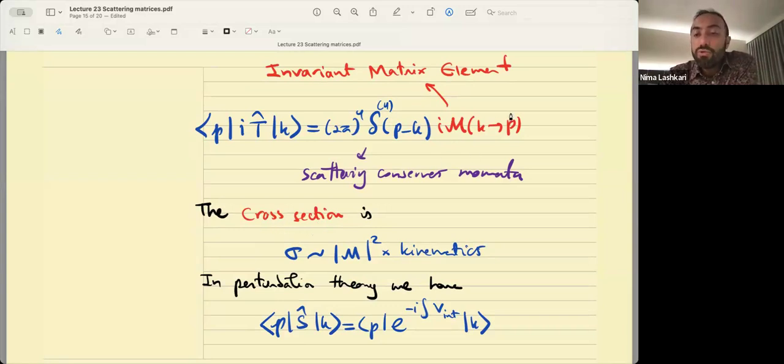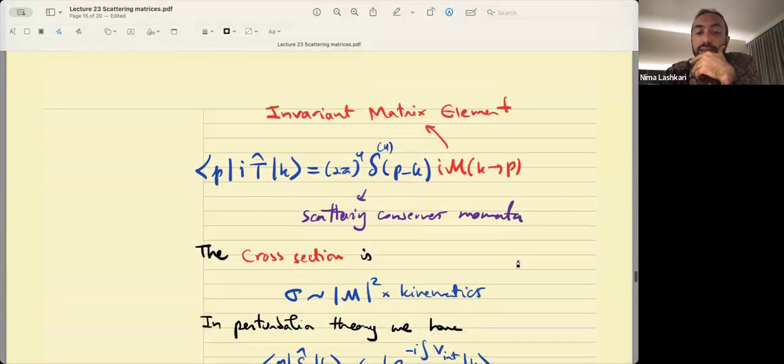It is the norm of M. This is a complex function, so it's M squared times a bunch of factors that are decided by kinematics, the geometric configuration of the scattering, the incoming and outgoing angles. We're going to describe this kinematics later, but the core of the calculation is going to be this M squared.